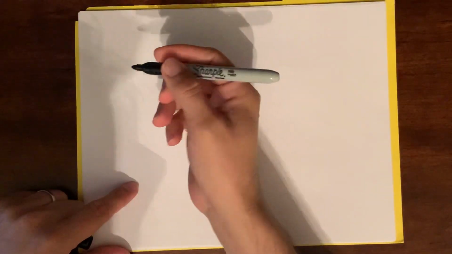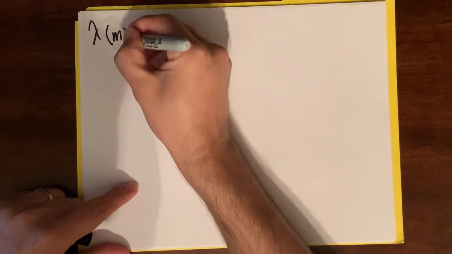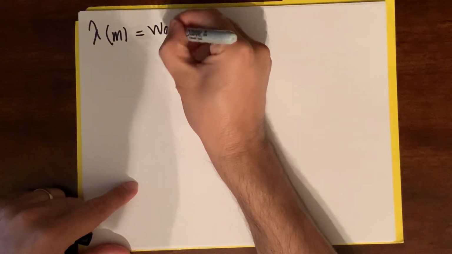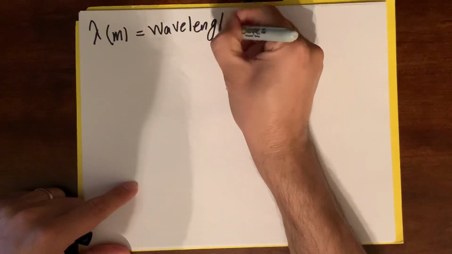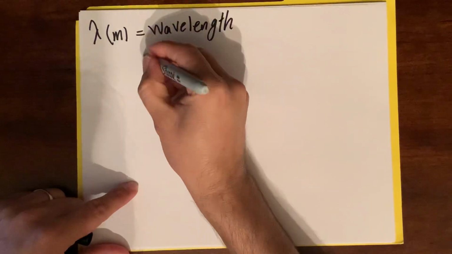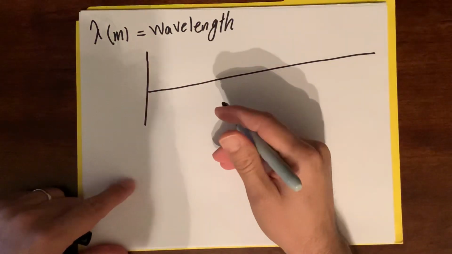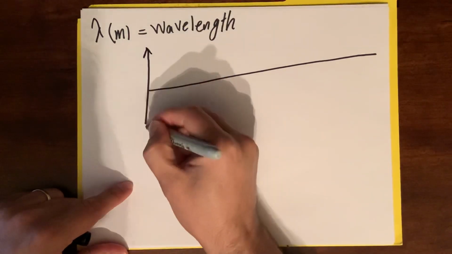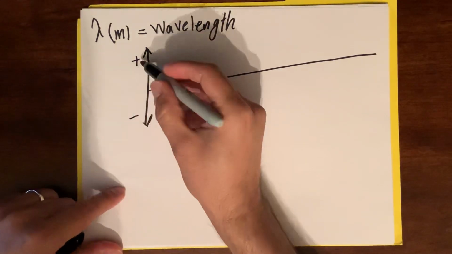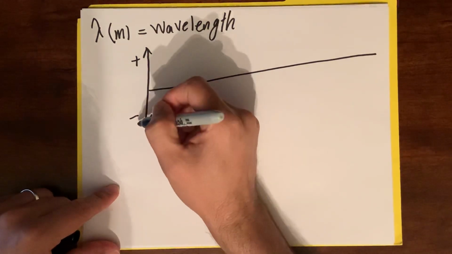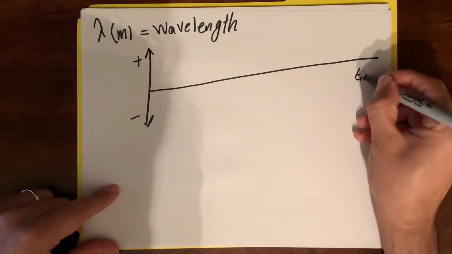So the first thing that we need to know is wavelength, that we show by lambda. It is unit of meter. If you choose one wave and draw that wave, let's say this side is positive, here is negative, meaning the phase of the wave is positive, the phase of the wave is negative, and here we have time.